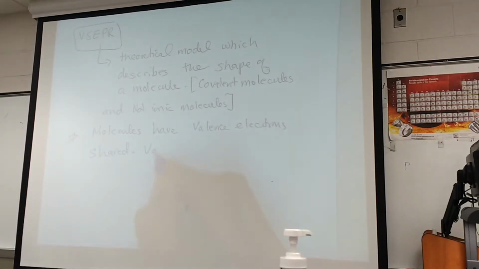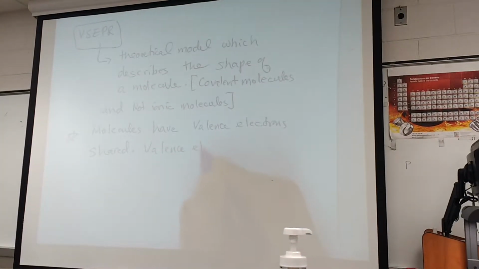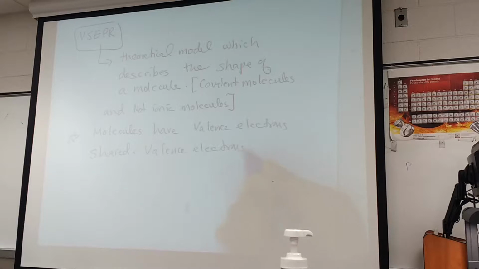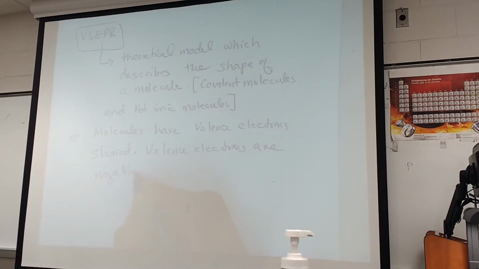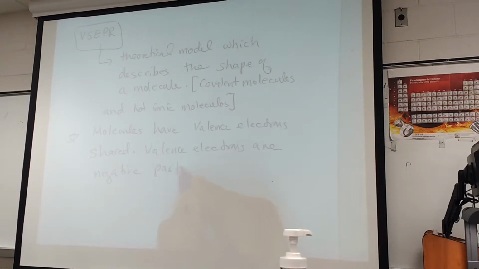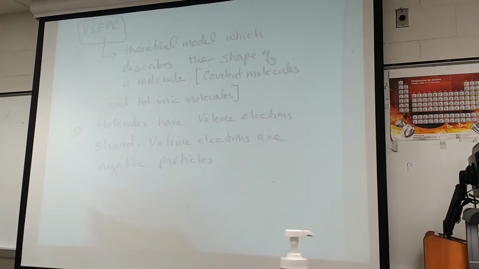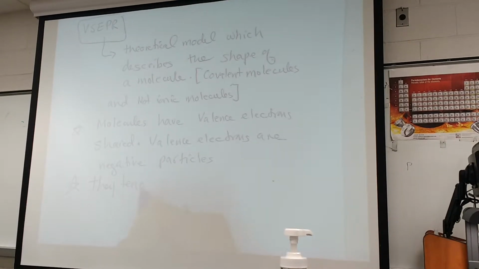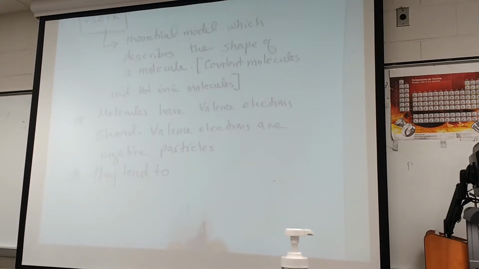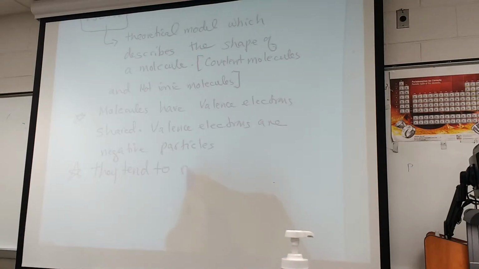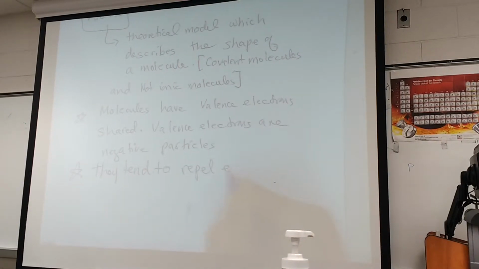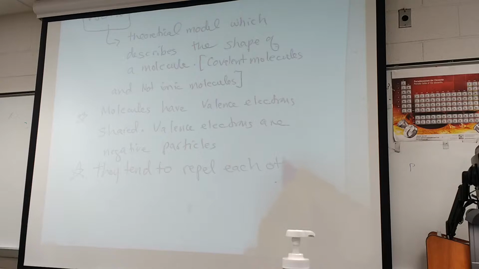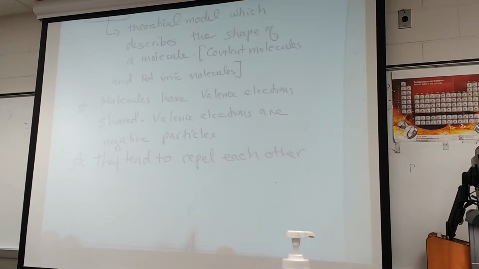Our valence electrons are negative particles, and they tend to repel each other.